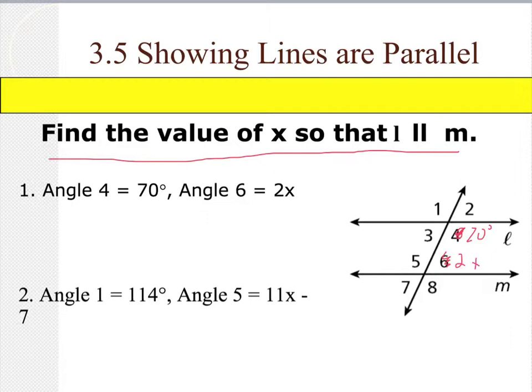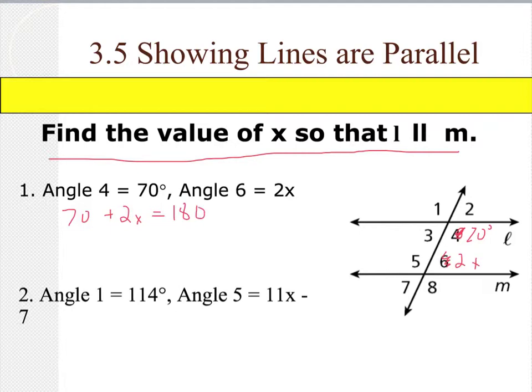We know they're same side interior angles, but if we assume that L and M are parallel, we need to assume that 70, angle 4, and angle 6 are supplementary. So what we have to do is take 70 plus 2x is equal to 180.